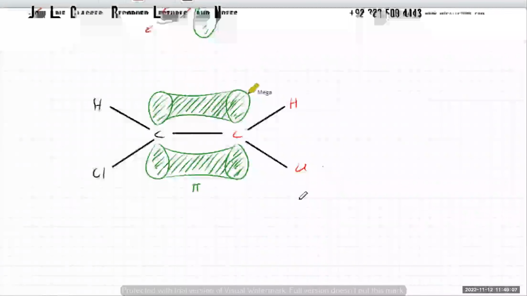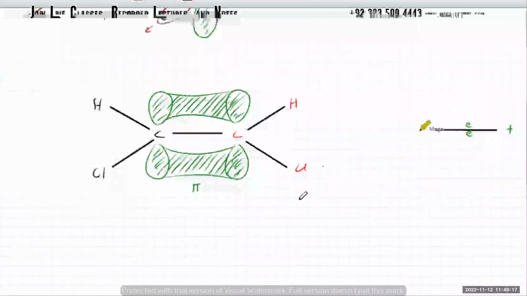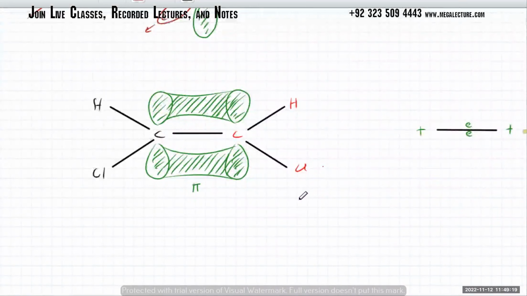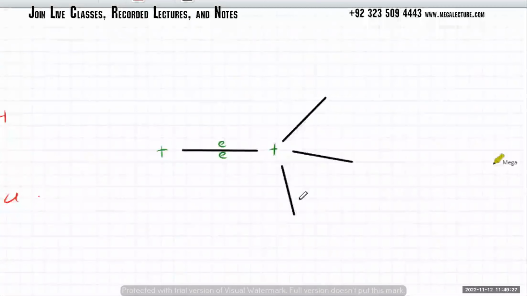I have to explain this as well. If you have single bonds, single bonds are like electrons in the middle, and there's a positive nucleus of one atom, there's a positive nucleus of another atom, and that atom has other electrons as well, so they're going to be bonded with some other atom, right?